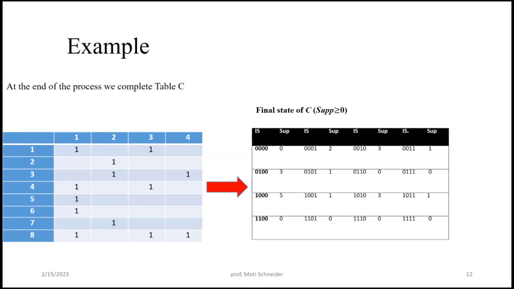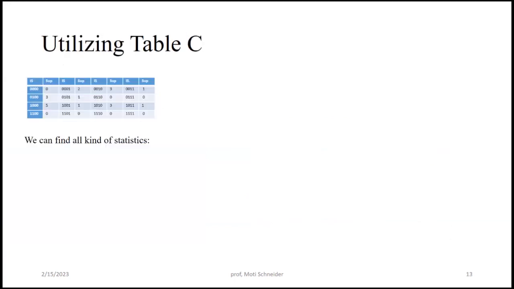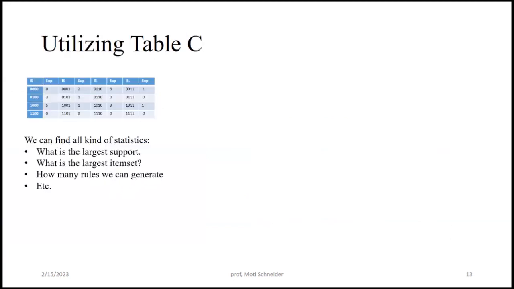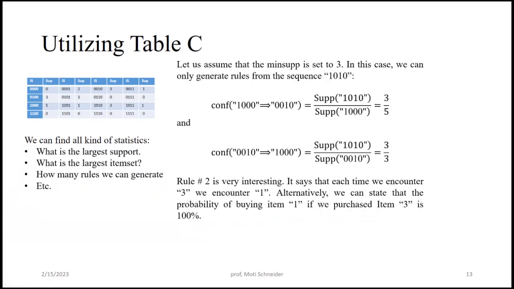So after this table is completed, you can check what is the largest support, what's the largest item set, how many rules you can generate, all kinds of information you can find based on this table C. For example, I said, okay, this guy actually is the only case in this example where you can generate some rules.